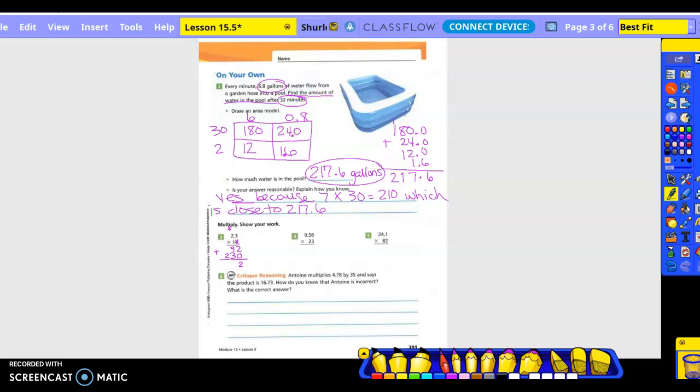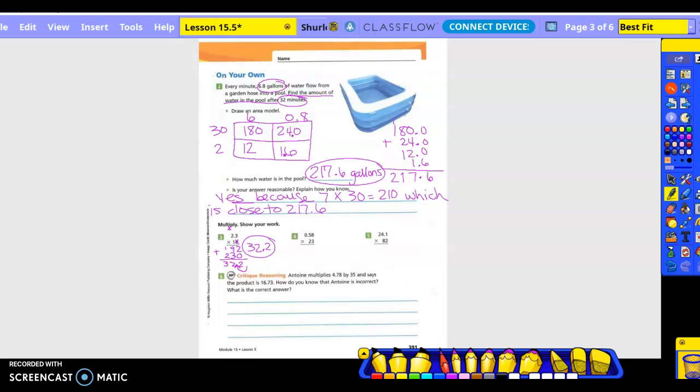So 2, 12, carry the 1, 3. How many decimal places do we have on top? 1. How many do we have on the bottom number? None. So we just move it over 1 spot, and our answer is 32 and 2 tenths. Okay, next one.